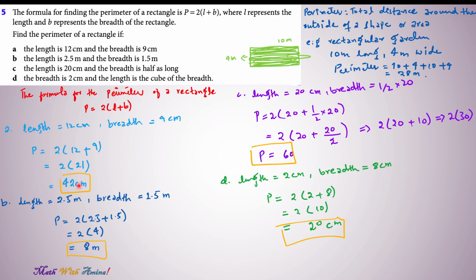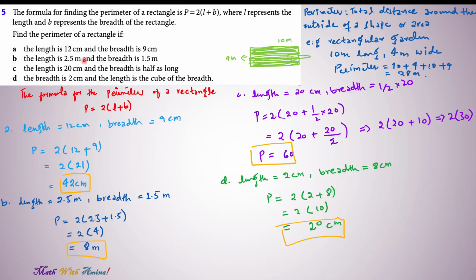So it becomes 42 centimeter. So as per this formula and the given length and breadth measurements, the perimeter of a rectangle with length of 12 centimeter and breadth of 9 centimeter is 42 centimeter.